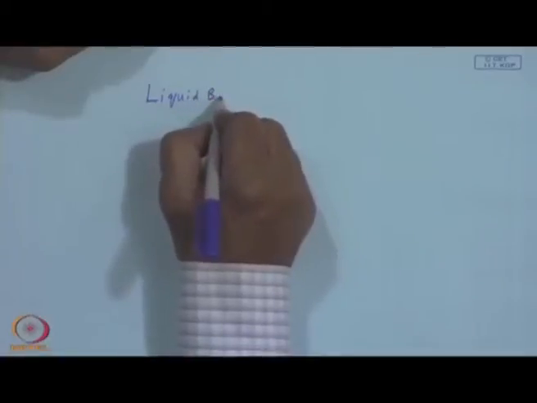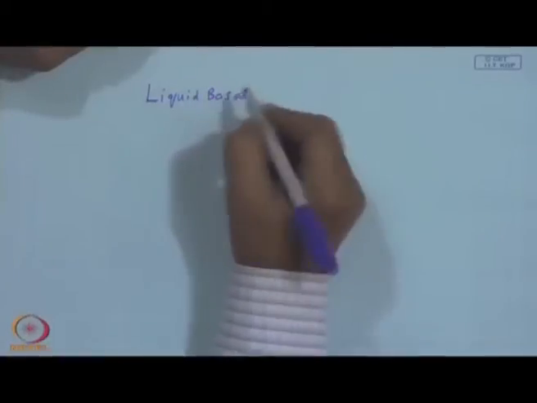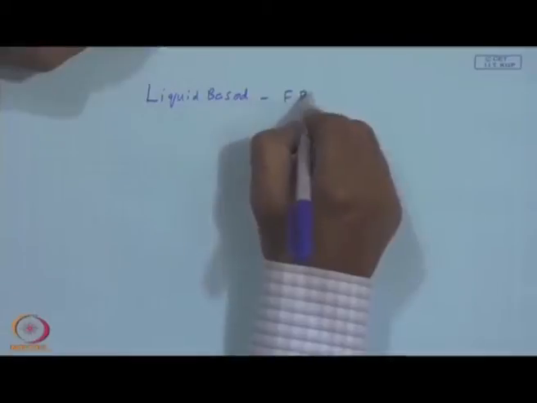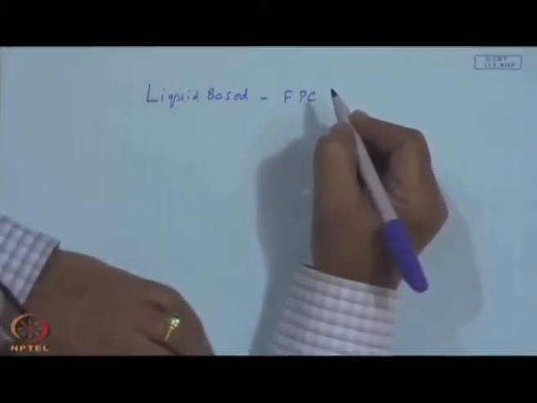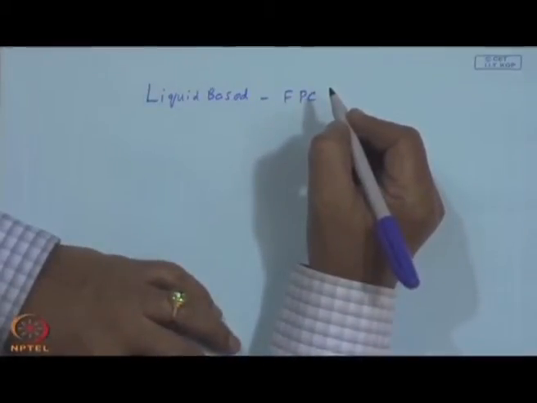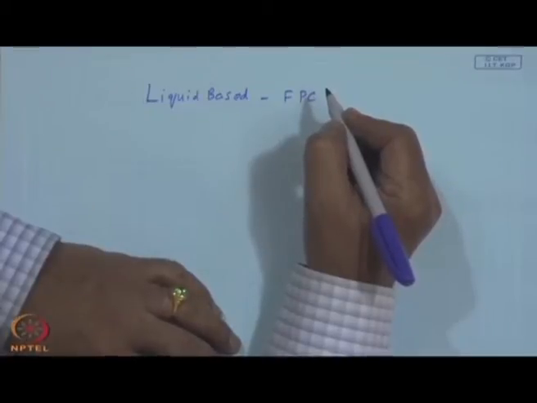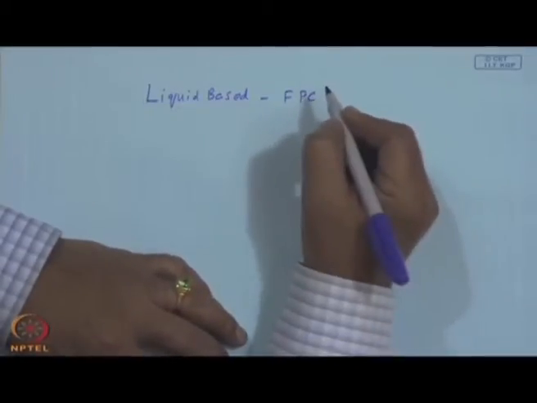First, we shall deal with the liquid based flat plate collectors. I said liquid based in general because it may be water, but it could be an antifreeze solution too, to take care of colder climates.